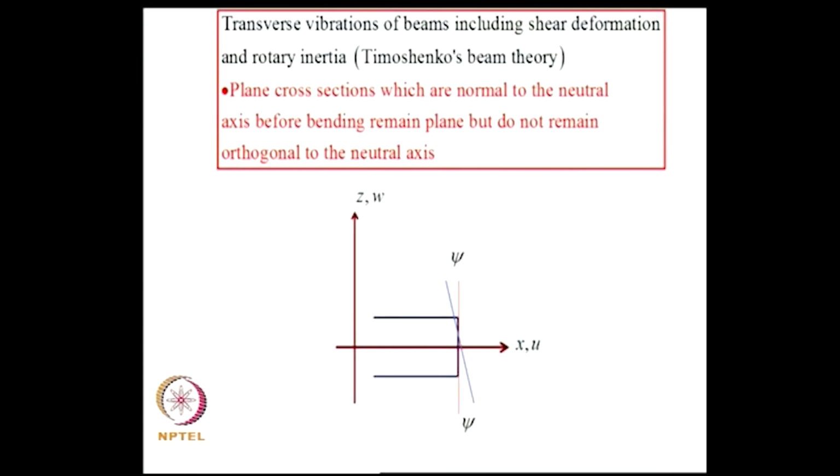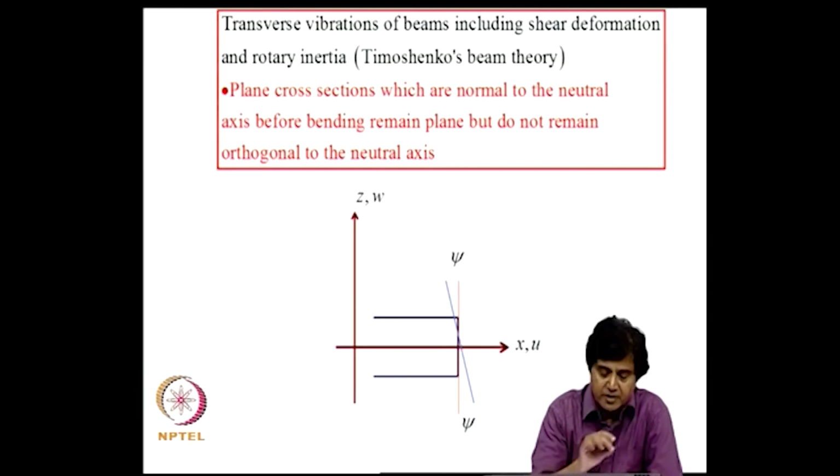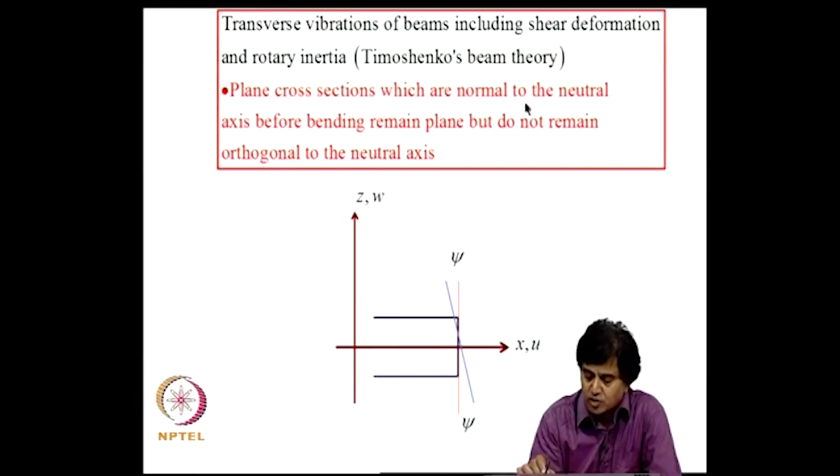Now, we consider transverse vibration of beams including shear deformation and rotary inertia. This is the so called Timoshenko's beam theory. Now, in this theory we assume that plane cross sections which are normal to the neutral axis before bending remain plane, but do not remain orthogonal to the neutral axis.